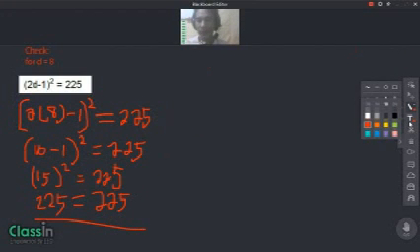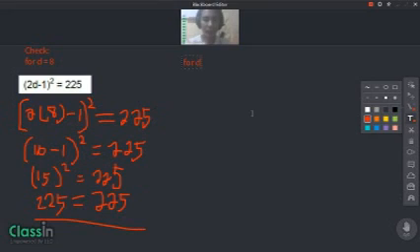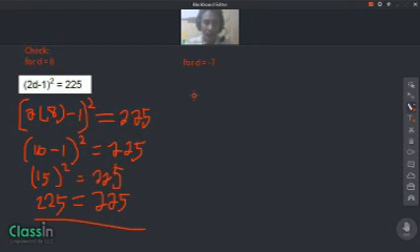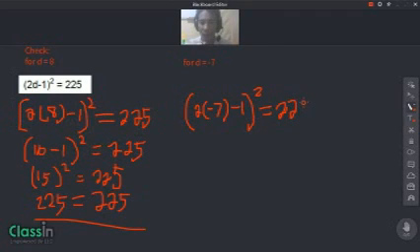Next is for d equals negative 7. So we will substitute: 2 times negative 7 minus 1, squared, equals 225. Okay, so 2 times negative 7 is negative 14, minus 1, squared, equals 225.